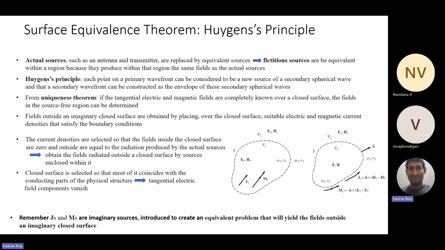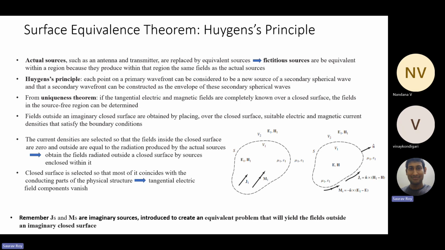Now see, they are saying the correct densities are selected so that the fields inside the closed surface are 0 and outside are equal to the radiation produced by the actual sources. That is what we care about: the fields outside, E1 and H1. So we obtain the fields radiated outside a closed surface by sources enclosed within it. We enclose our main sources and have an equivalent surface that will create E1 and H1.